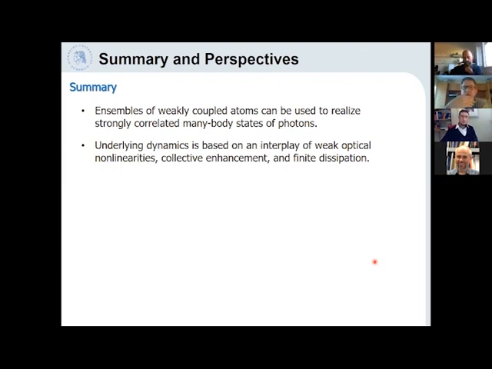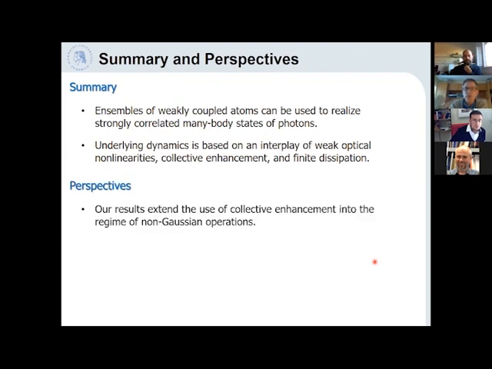And we also need the finite dissipation, because this suppresses the uncorrelated photon pairs and allows us, due to the different scaling of the correlated and uncorrelated photon pairs, to have this point of critical optical depth where you expect perfect anti-bunching.